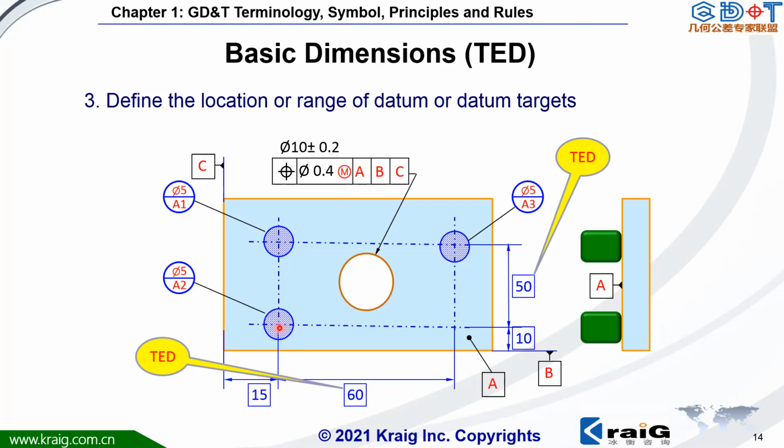Same thing for gauge maker. Gauge maker needs this TED in order to build the gauge. Because the gauge needs to locate parts. We are going to use the locating pin.